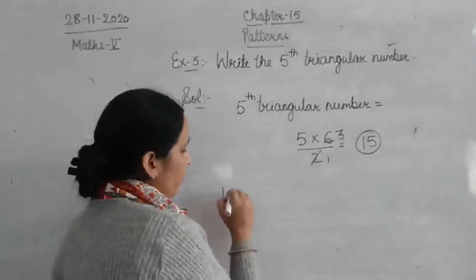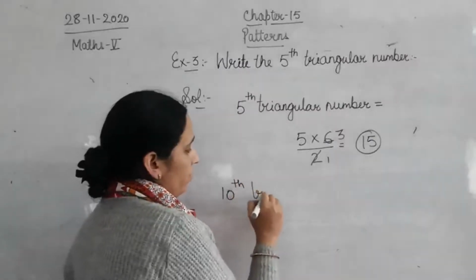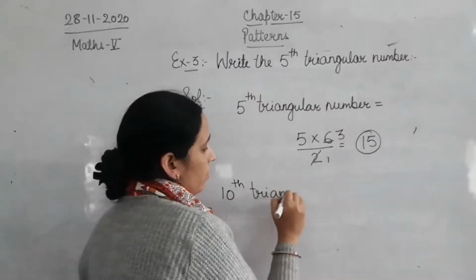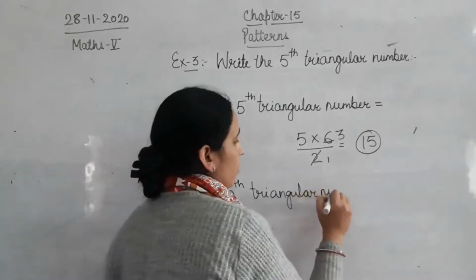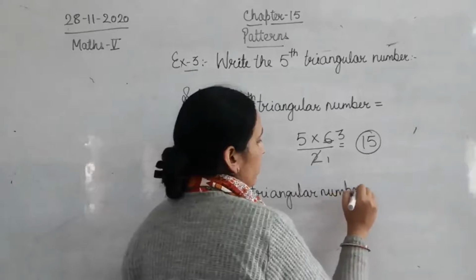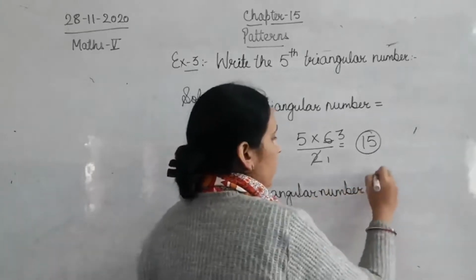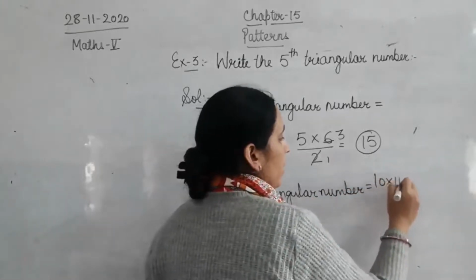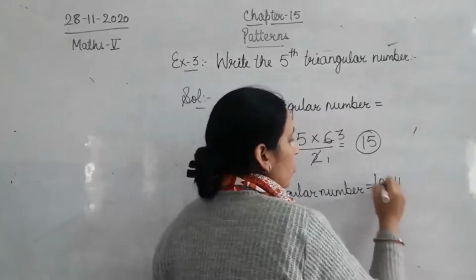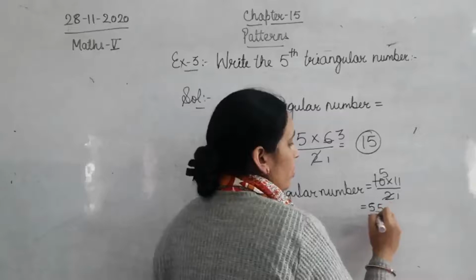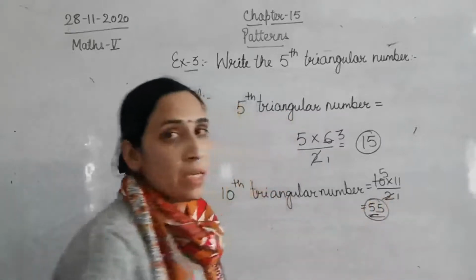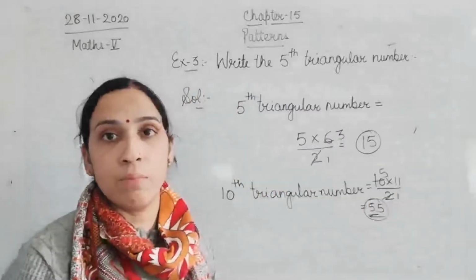Let's say you have to find the 10th triangular number. What will you do? That will become 10 multiplied by 11 divided by 2. 2 fives are 10, so 55. Like this you can find any triangular number.